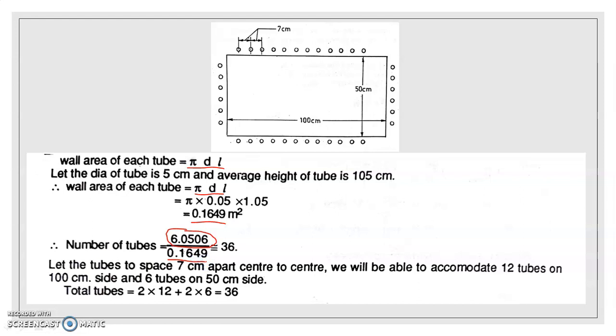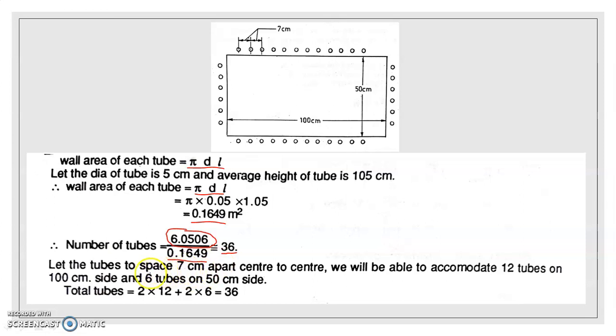Now we calculate the number of tubes. We have the total wall area of the tubes and the wall area of one tube, so by taking the ratio you can calculate. It comes approximately 36. So we have to arrange a total of 36 tubes around the transformer tank.